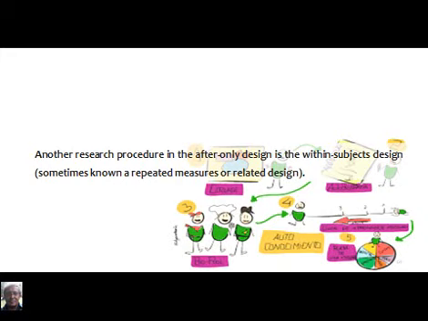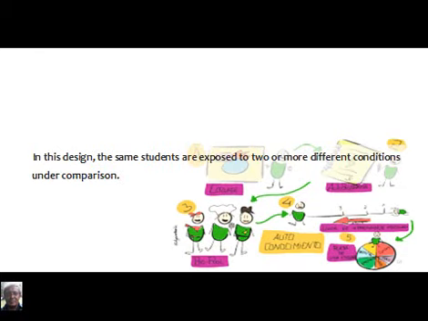Another research procedure in the after-only design is the within subjects design, sometimes known as repeated measures or related design. In this design, the same students are exposed to two or more different conditions under comparison.